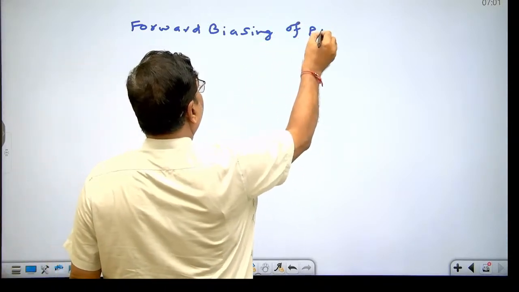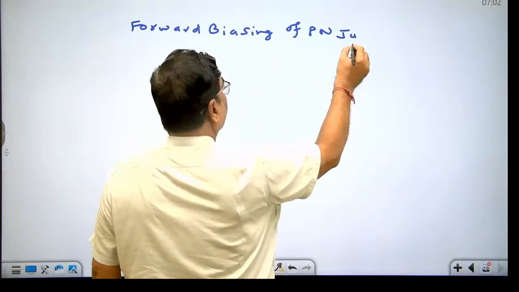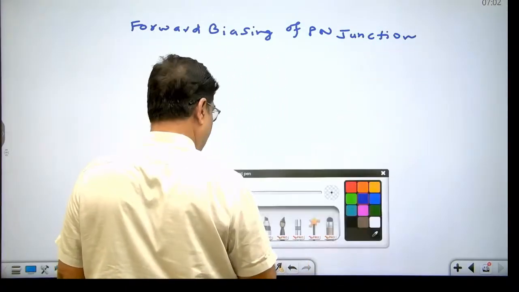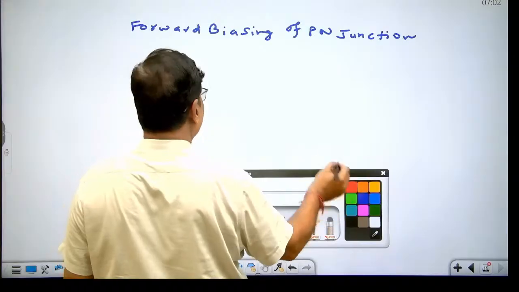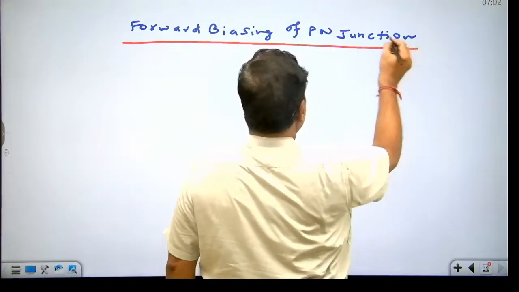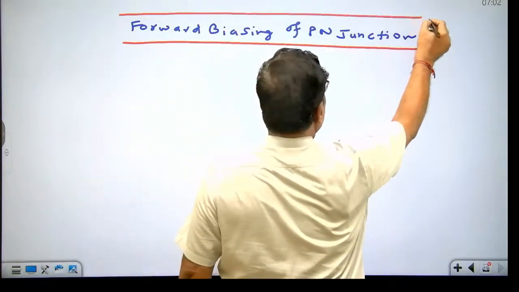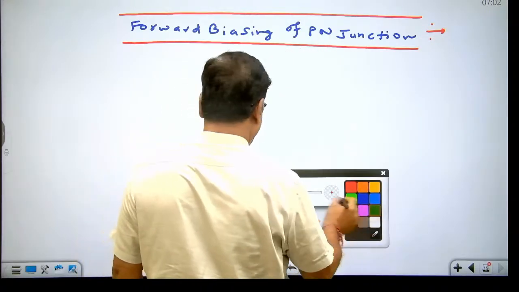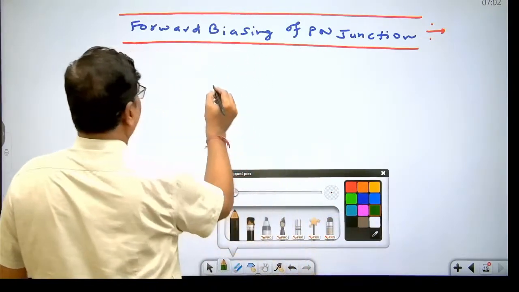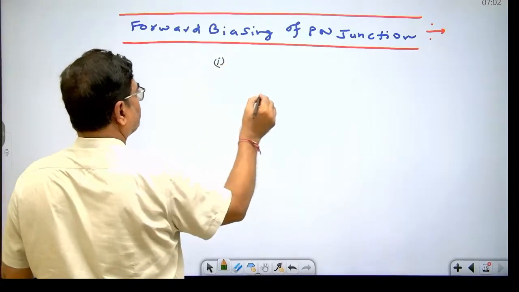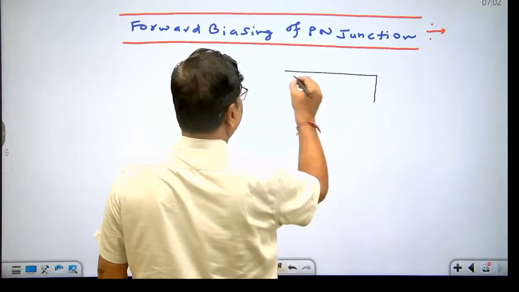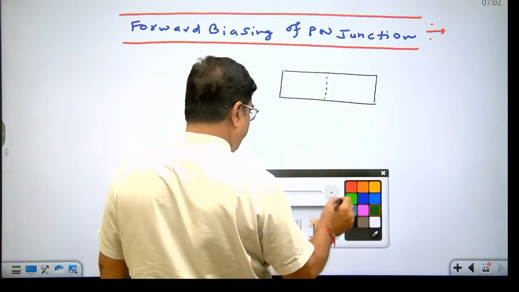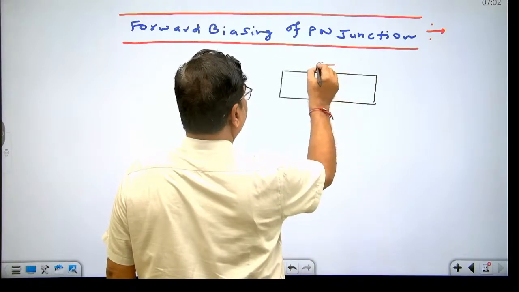Forward biasing of PN junction. Dear student, under the influence of forward biasing, majority charge carriers start moving towards the junction.